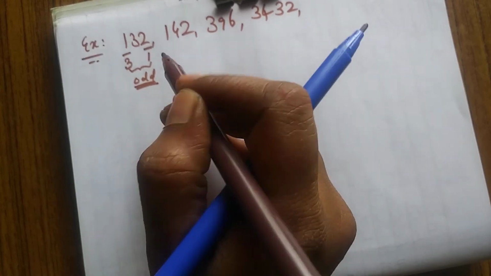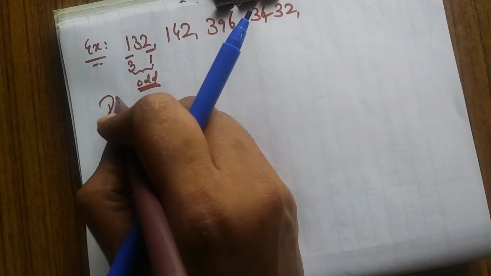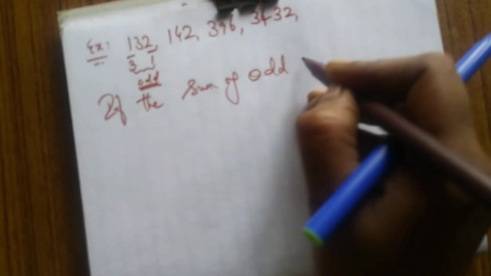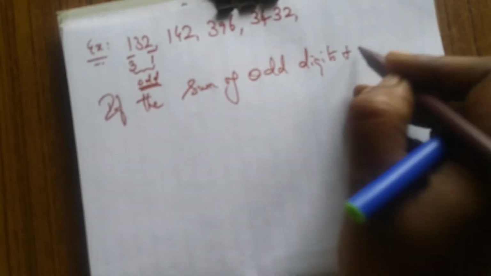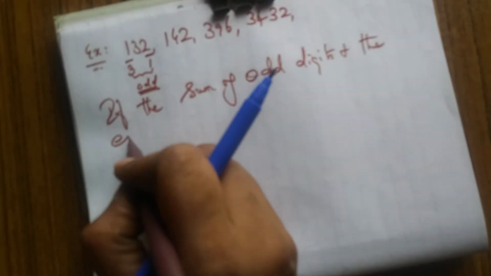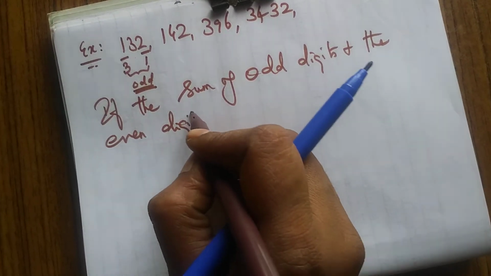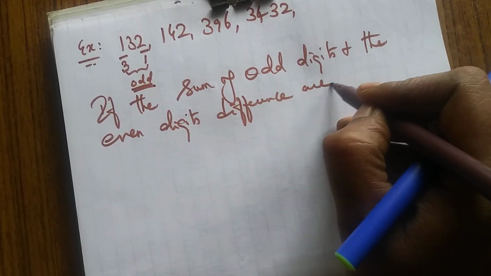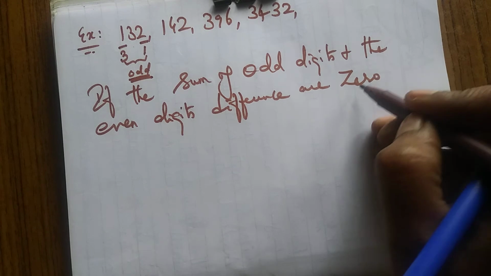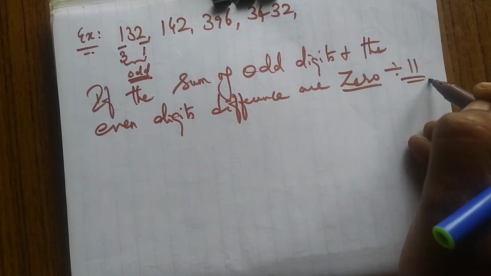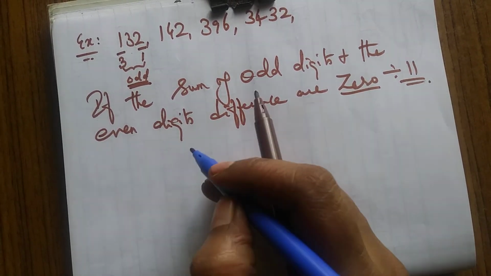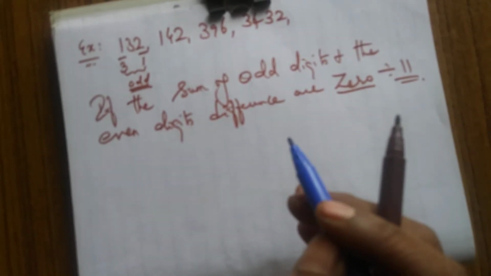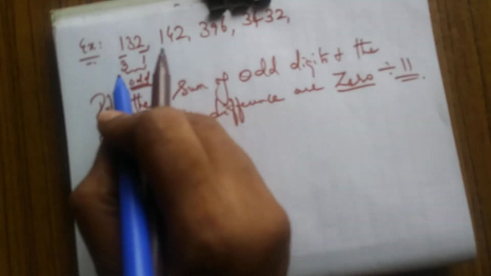If the difference between the sum of the odd digits and the sum of the even digits is 0, then it is divisible by 11. So first you have to sum up the odd digits.